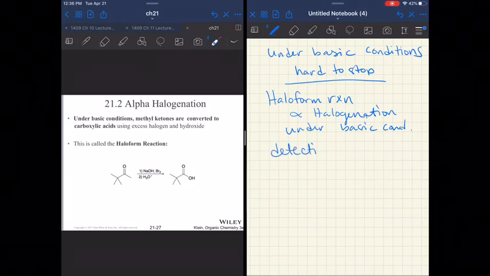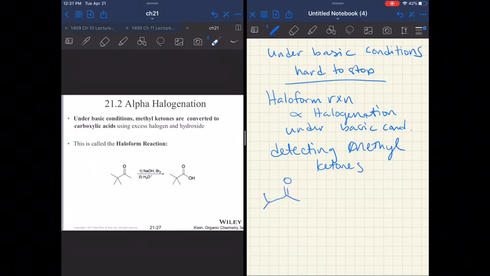It's useful for detecting, let's actually write the word out, methyl ketones. If you have a methyl ketone, and we're going to just block the left side here with some additional R groups so that we only have one side with alpha protons.